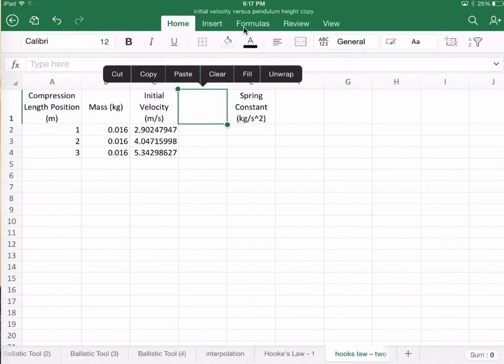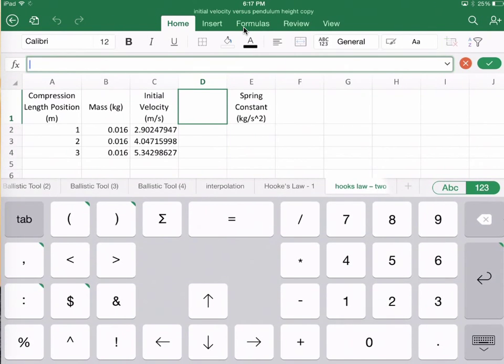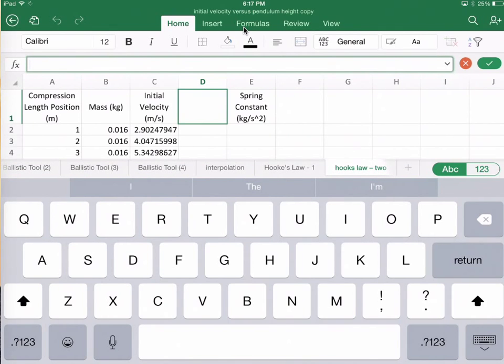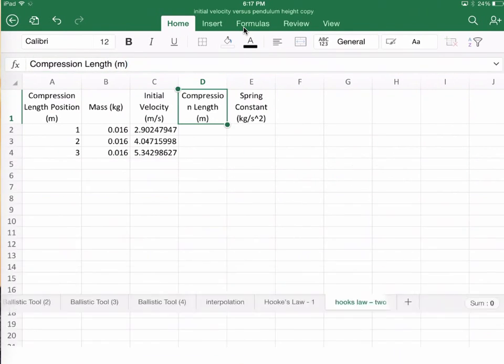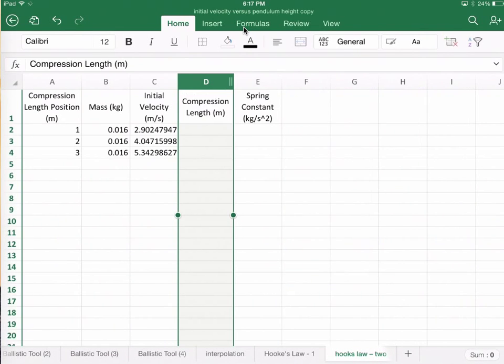It's the only thing we left off. Compression length, and we need this to be in meters.